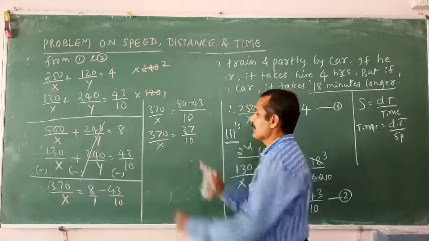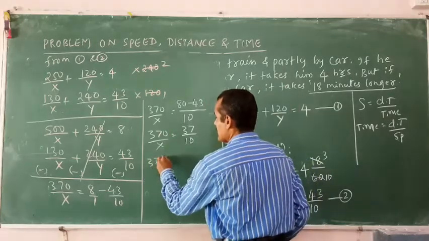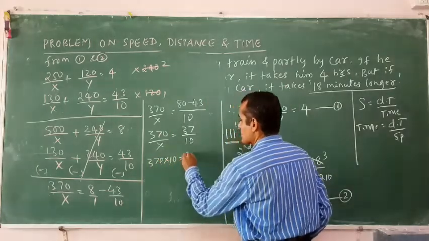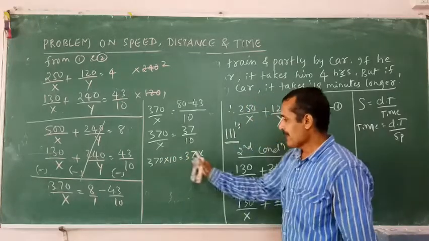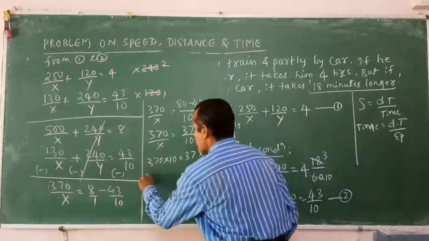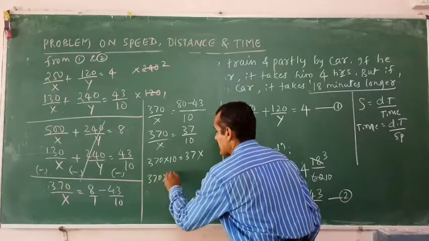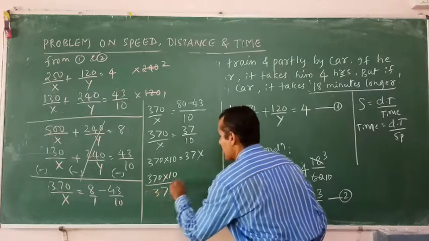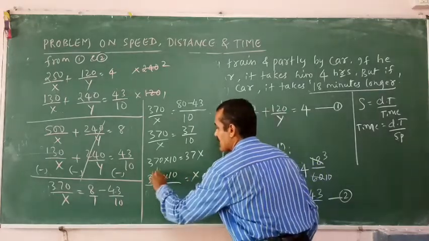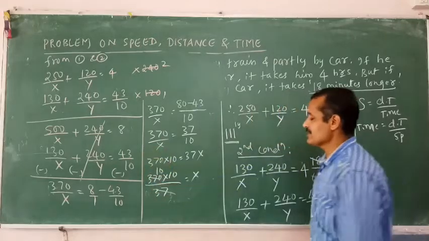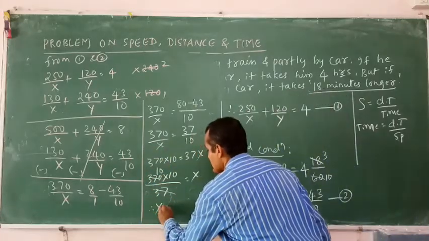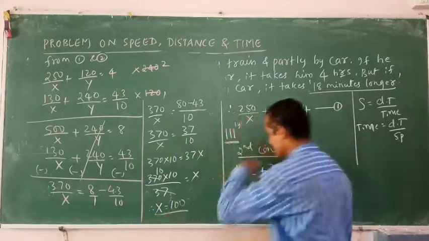I can cross multiply. 370 into 10 is equal to 37x. 37 will come to the denominator. 370 into 10 divided by 37 is equal to x. 10 times 10 is 100. Therefore, x is equal to 100.